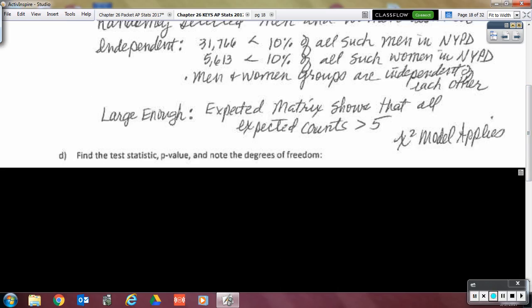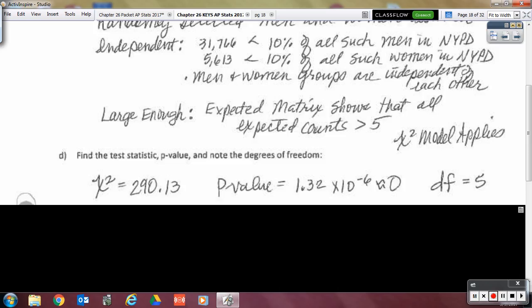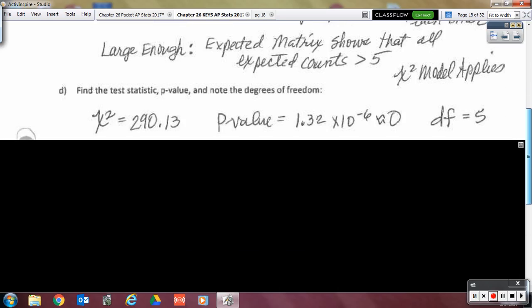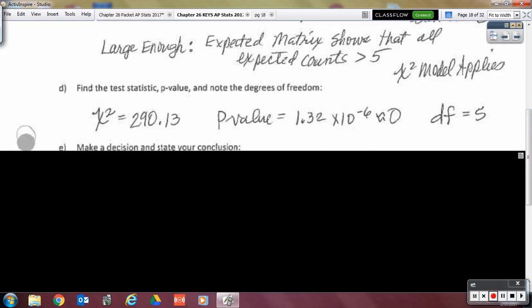All right, and we would put that into our matrix and calculate a chi-squared test. Here's your information already, so we don't have to waste our time doing that. Our chi-squared is 290.13. The p-value is 1.32 times 10 to the negative 6, with degrees of freedom 5; you guys had already figured that out.